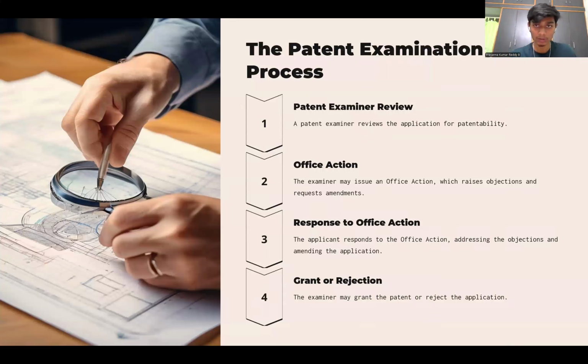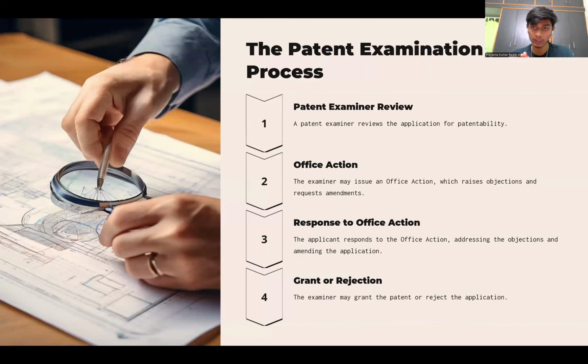First, the patent examiner checks the application, whether it meets patentability, and later it is sent to the office action to examine if there are any issues.